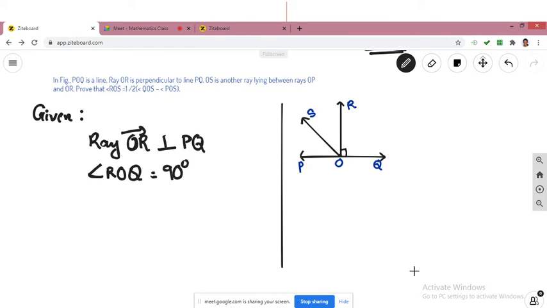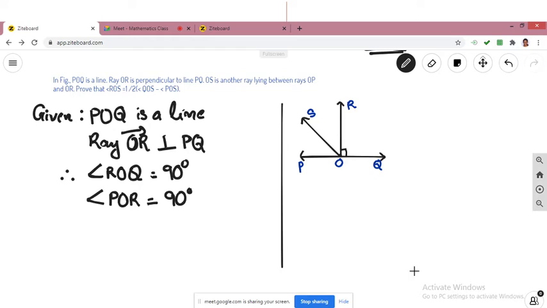Yeah, and also we are given that POQ is a line. That is the first thing, right? POQ is a line. Now angle ROQ is equal to 90 degrees. Now what about the other angle? Angle POR. Ma'am, angle POR is also equal to 90 degrees. So angle POR is also equal to 90 degrees.